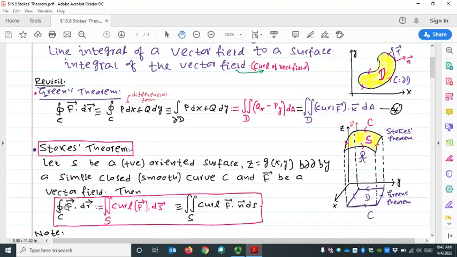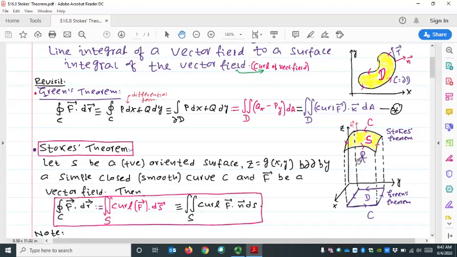Then the line integral of vector field F over the space curve C equals the double integral of curl F over the surface S. So that is the surface integral of curl F over the surface S.